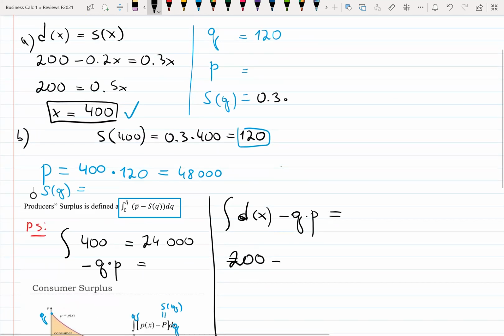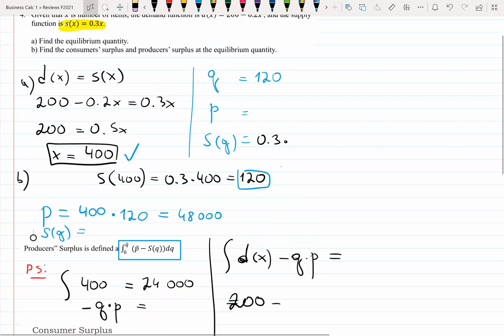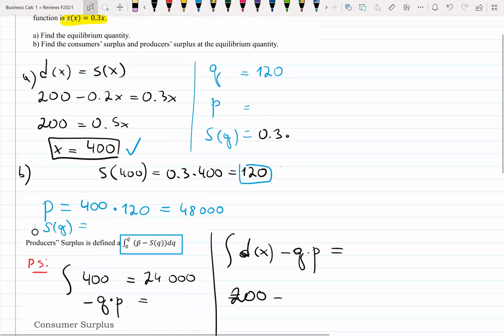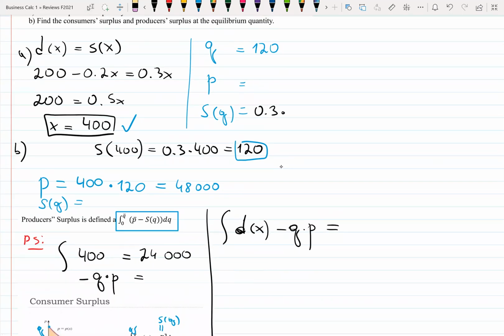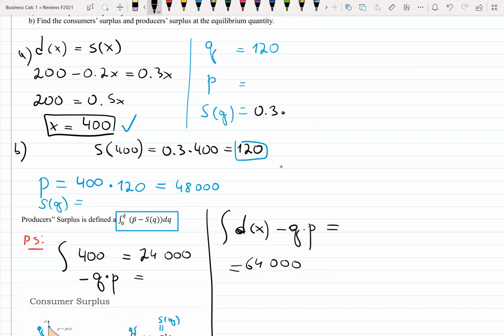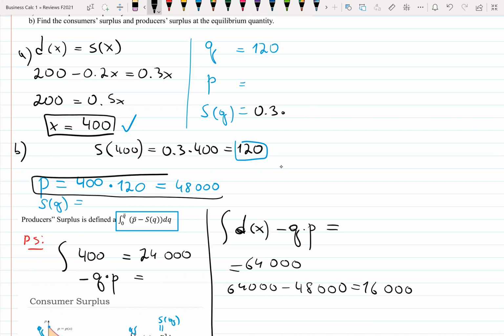So what is 120? So that would be 120 times the price, that'd be 64,000, and then that minus the 48 will give you the 16,000. And the 48 came from here, like so.